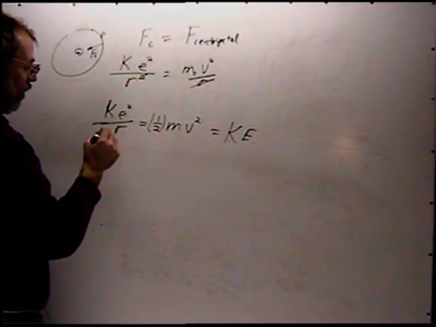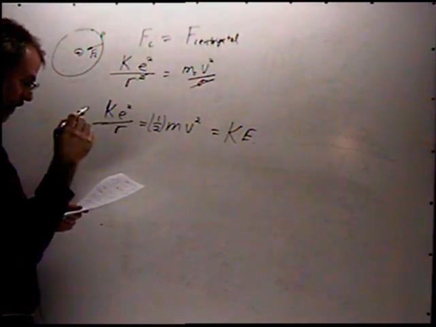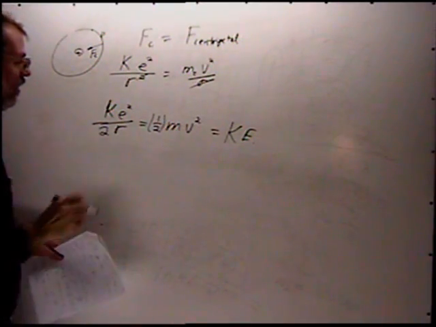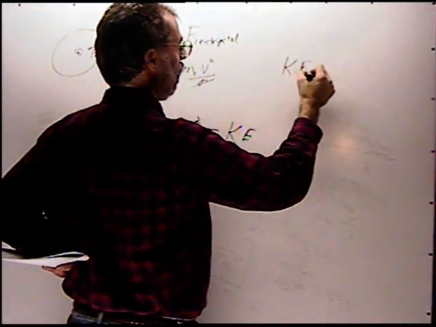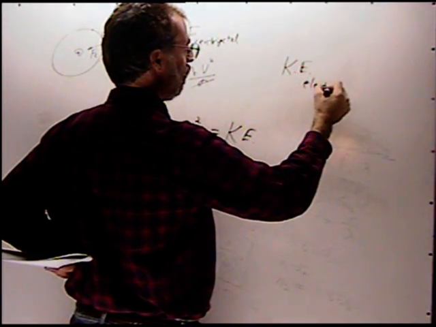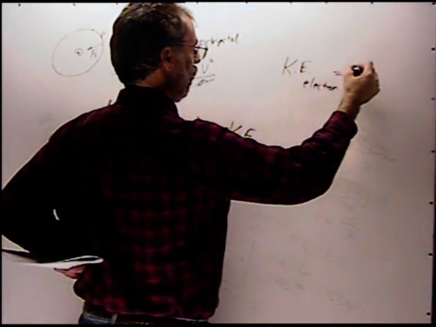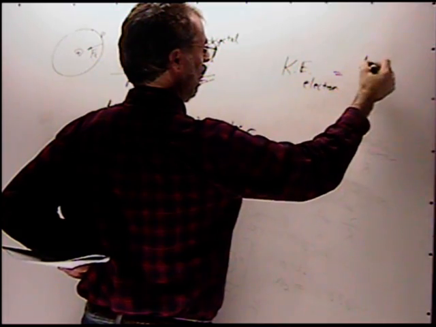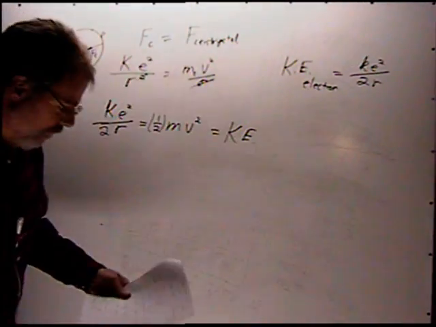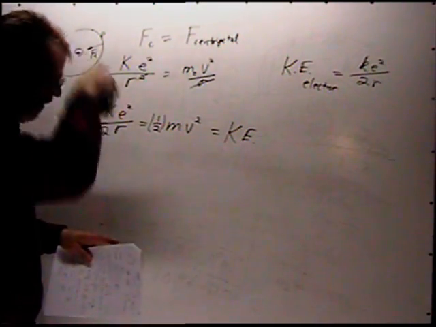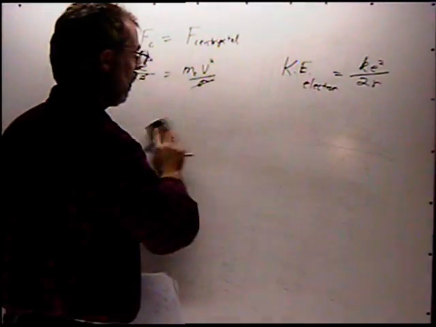So I'm going to put 2. So we have that the kinetic energy of the electron is K E squared over 2R. Okay? So that's the kinetic energy.